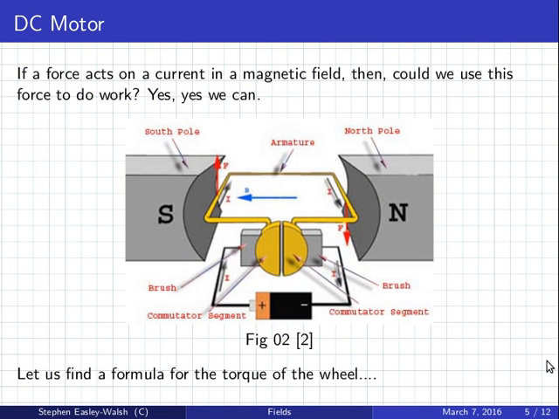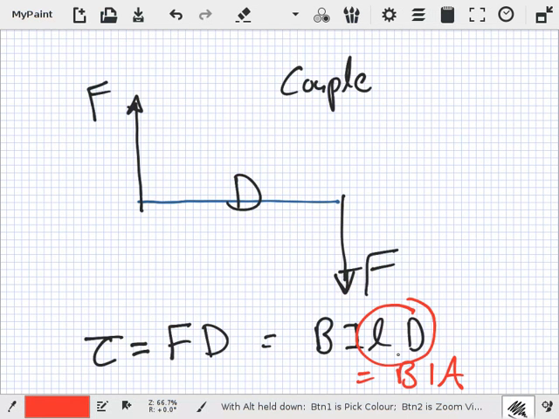Sometimes what they do to make it turn more is it's not just one wire, but maybe it goes around like say 10 times and then comes out. So what do you think happens to the force? Well, you have 10 of them. Yeah. So if it loops n times, then you just have to stick in an n.